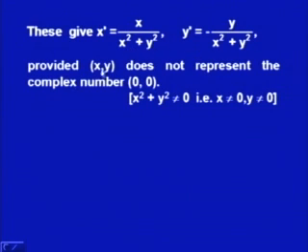That is, this (x, y), the complex number x plus i y, does not represent the complex number (0, 0). So, x square plus y square should not be 0, and from this, x and y both should not be 0.